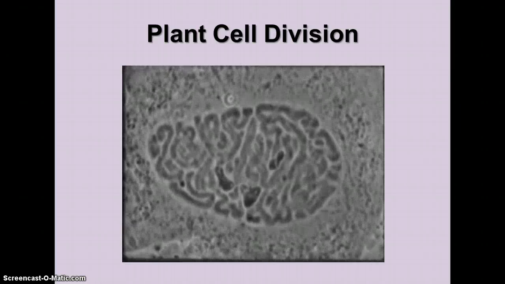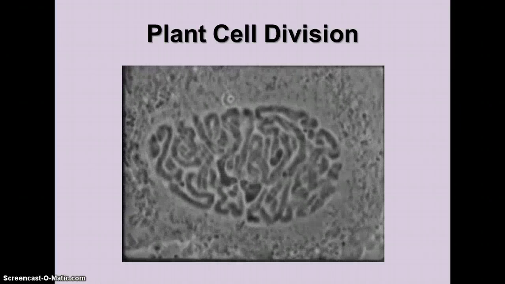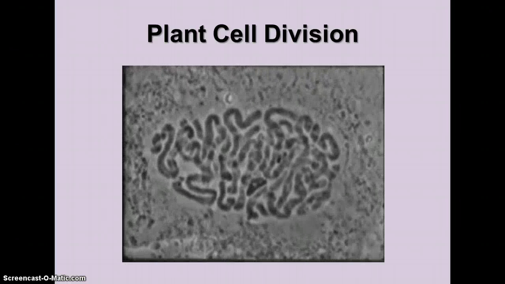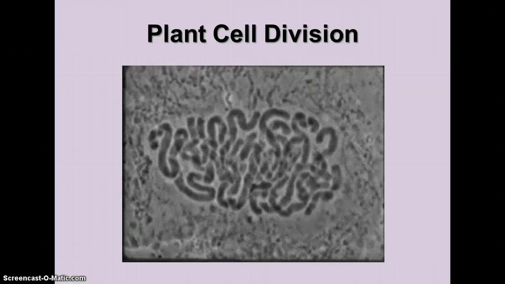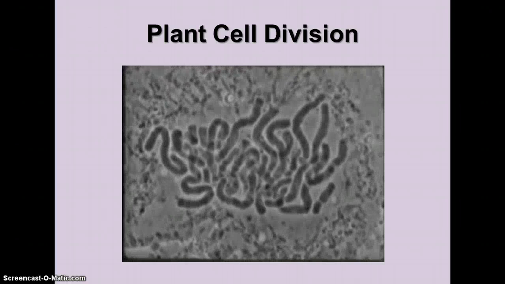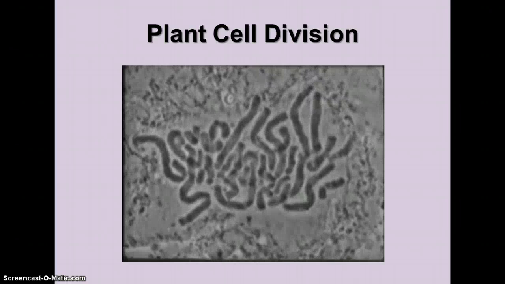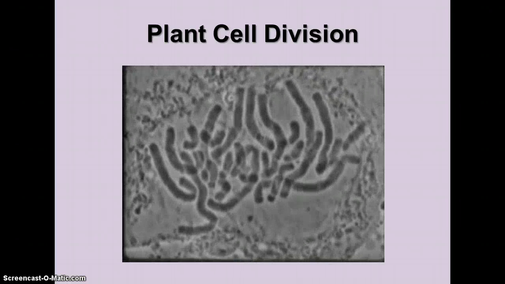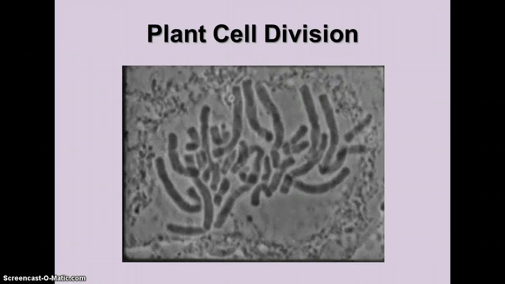As this plant nucleus, taken from a blood lily, prepares to divide, the chromosomes first condense during prophase. Next, they gradually line up across the center of the mitotic spindle.